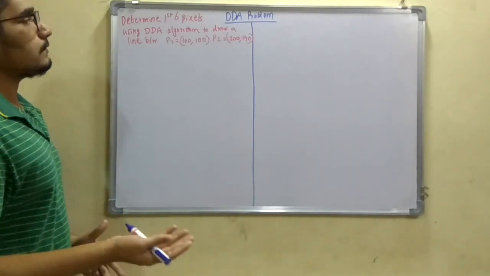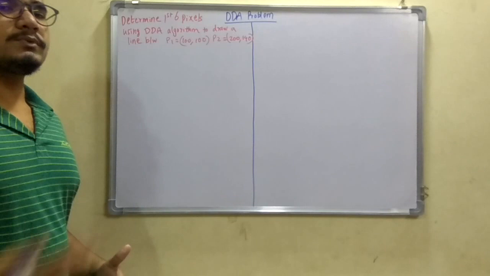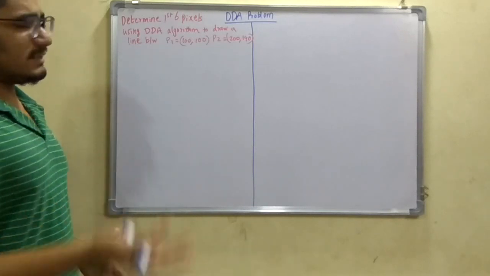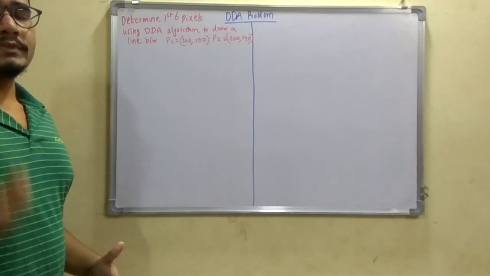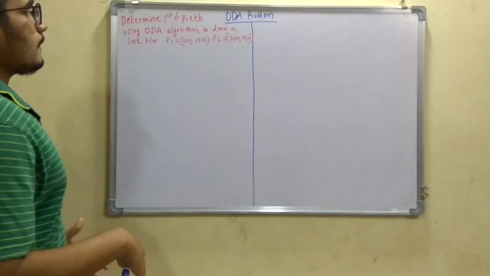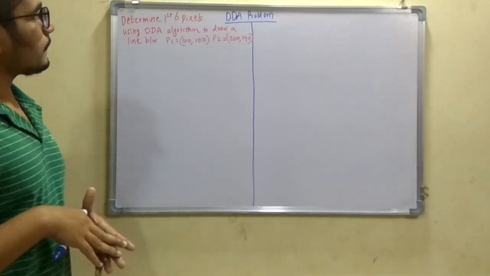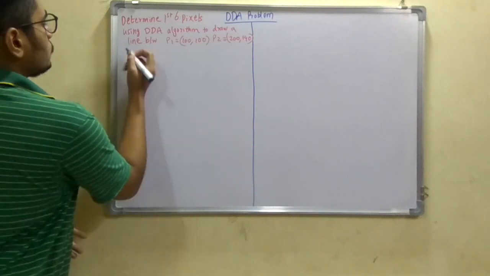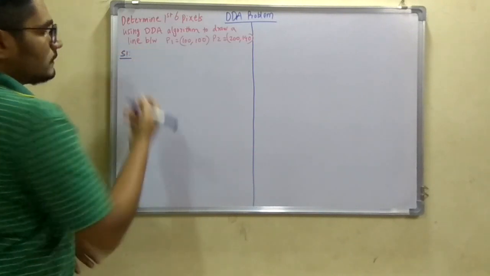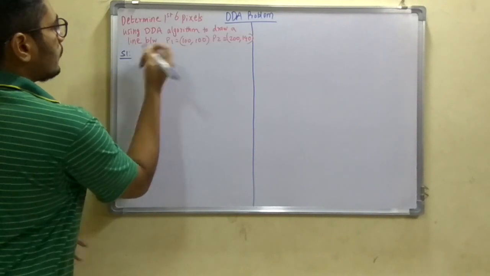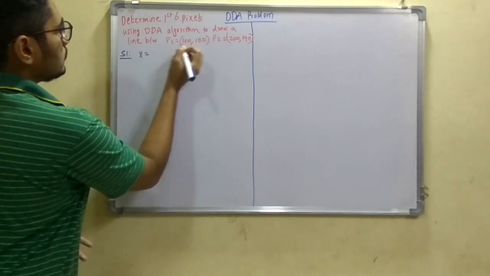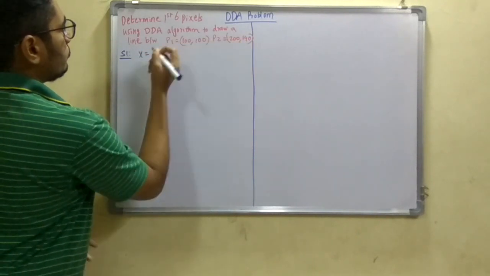So there are 9 steps to solve this, and step 9 is a repetition of step 7 and step 8. So actually there are only 8 steps to solve this. Ready? First we'll write these points: x1, y1, x2, y2.